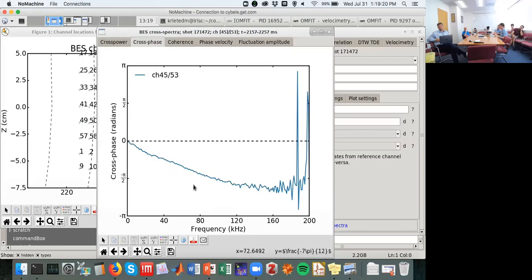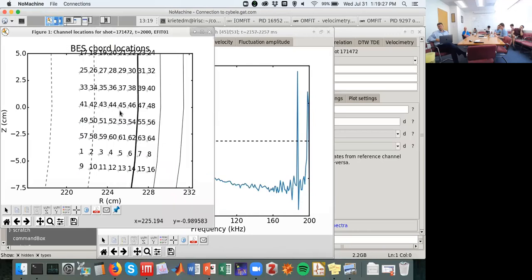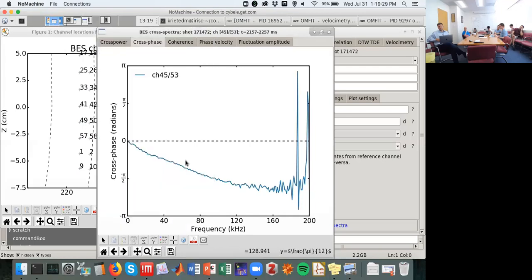And that's indicative that the turbulence is propagating at a fixed velocity from one channel to the next, 45 to 53 there. A lot of these cross-phase plots can get complicated, and you can spend a lot of time thinking about what they mean if they're not linear, but in this case where it's linear, it just basically means that turbulence is propagating uniformly from one channel to the next.